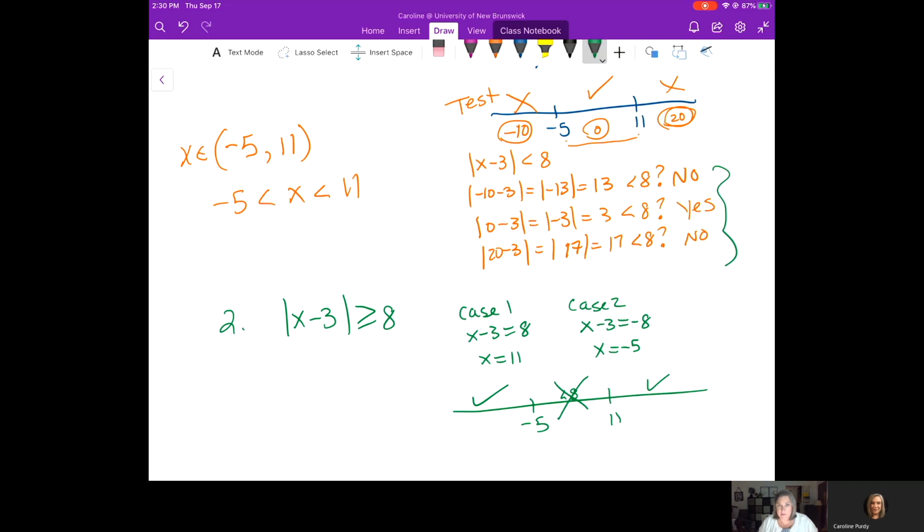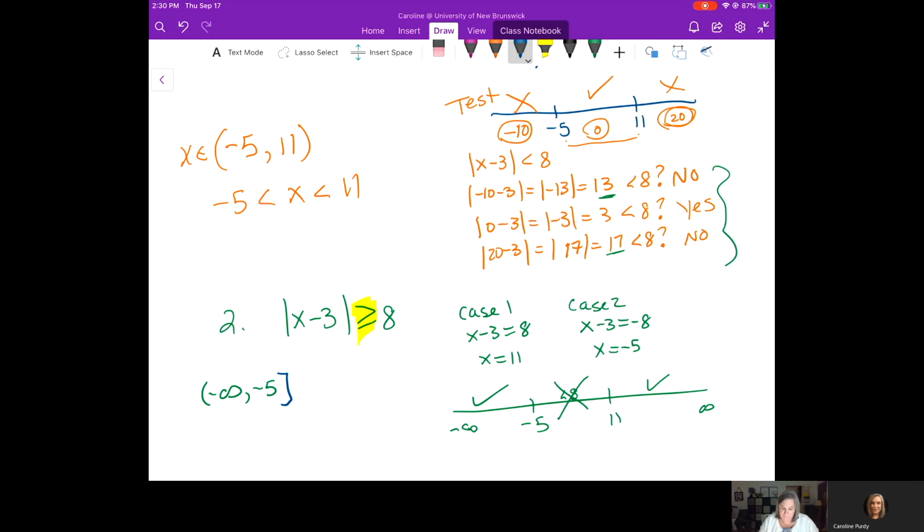13 is greater than 8 and 17 is greater than 8, but the middle piece isn't. So now our answer for this one will be negative infinity to -5, and I put an equal sign now. Do you see that? So we want this to be equal, so a square bracket.